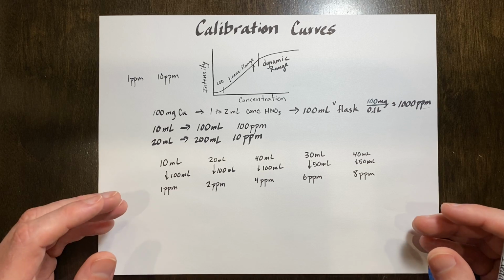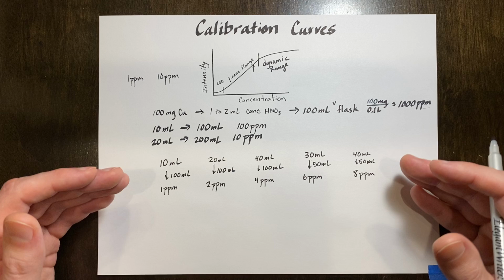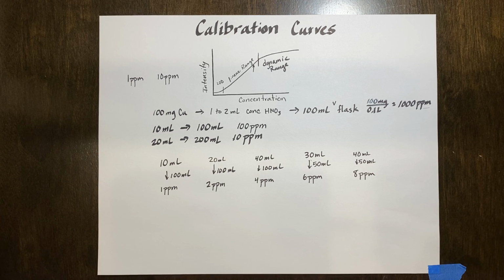But this is a reasonable example for how you would do that and how it functions and how the math works for it too. So that's a little bit about calibration curves and a little bit about how you would make a calibration curve from a primary standard.